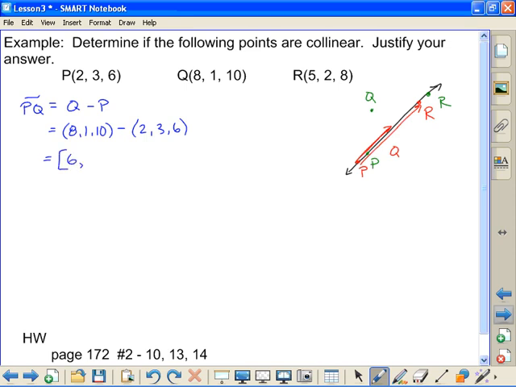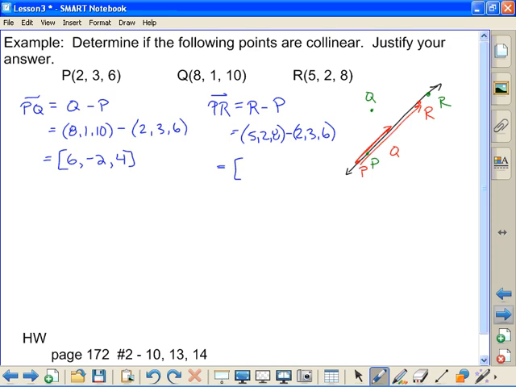So 6, -2, and 4. Then I move on and I'm going to either leave some space under that or start fresh over here. And I said PR. So I want to find vector PR, which is R minus P.